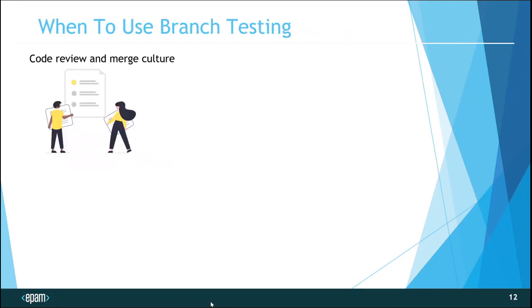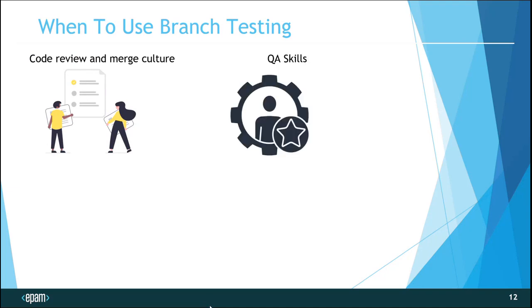In general, I can recommend using testing on the feature branches when you have a good code review and merge culture on your project. When your team has some proven technical skills, like working with Bash console, Docker, some Git commands, manual QA, because very often automation testers have all these technical skills.